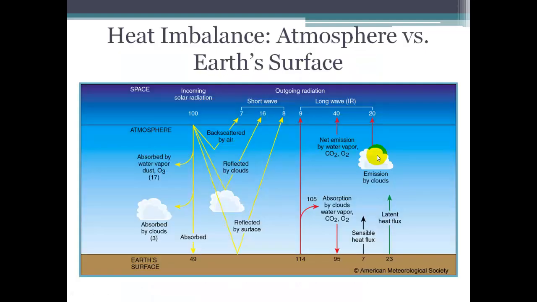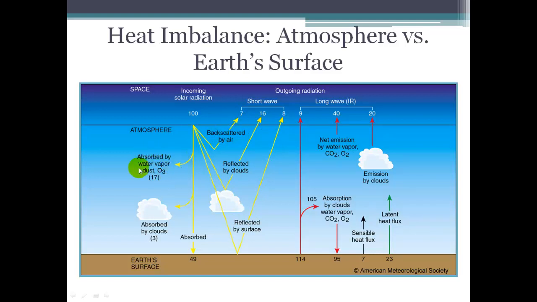Here we'll look at the energy that's coming into the Earth atmosphere system, starting with solar radiation. We've already seen this in Chapter 3, but of 100% of the incoming solar radiation, some of it, and you see these values in percentages here, is returned to space through reflection or backscattering.